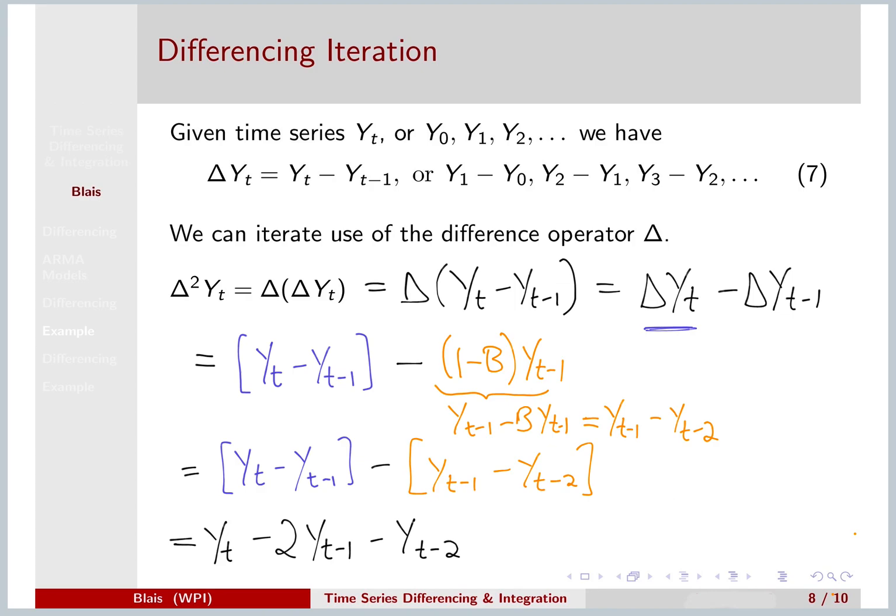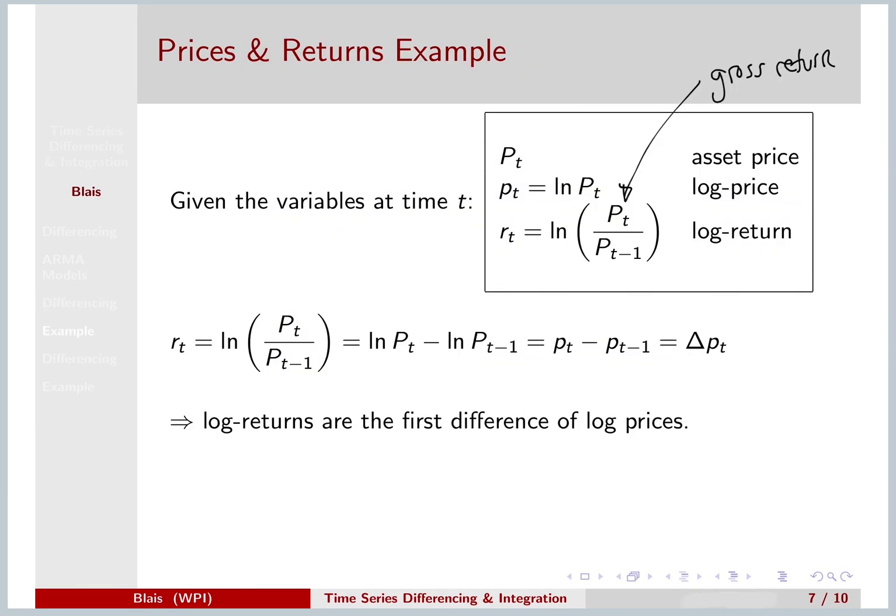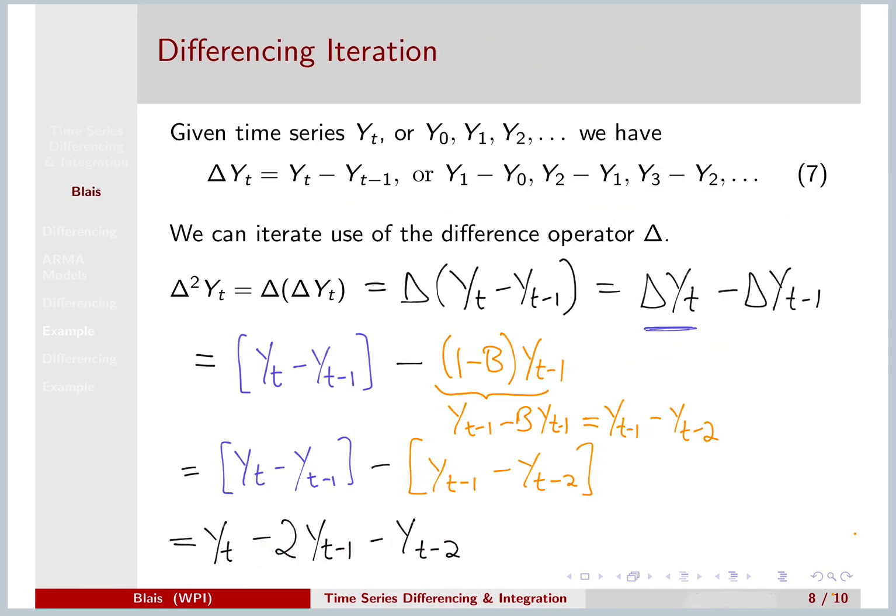And notice that because you have time t minus 1, time t minus 2, if you have, as we had before, a time series where you start at time 0 and go to time n, so n plus 1 terms, the first difference will give you a time series of length n, and the second difference will give you a time series of length n minus 1.